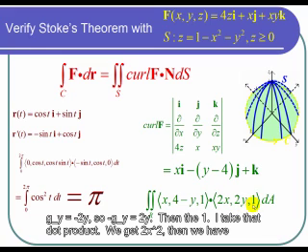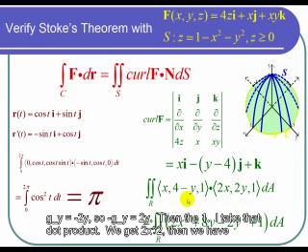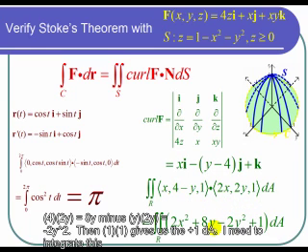And then the 1. So I take that dot product. We get 2x squared. Then we have 4 times 2y is 8y, minus y times 2y is minus 2y squared. And then 1 times 1 gives us the plus 1, dA.